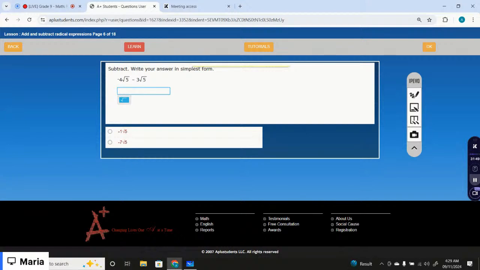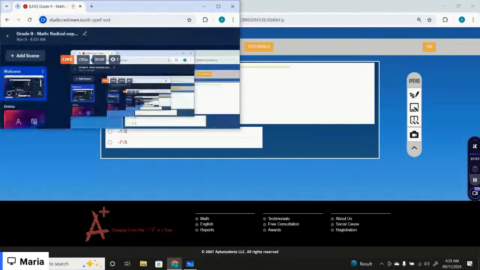Negative 4 square root 5 minus 3 square root 5, which is the correct option?